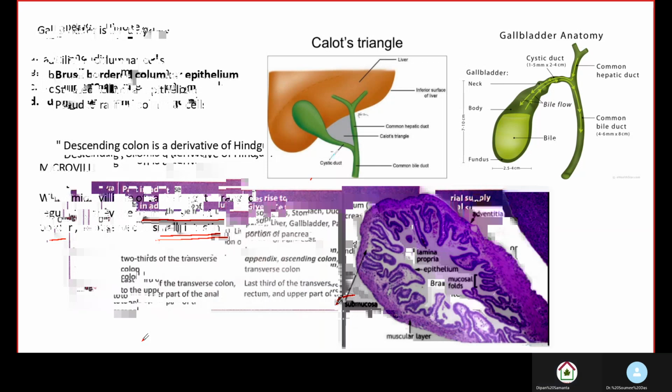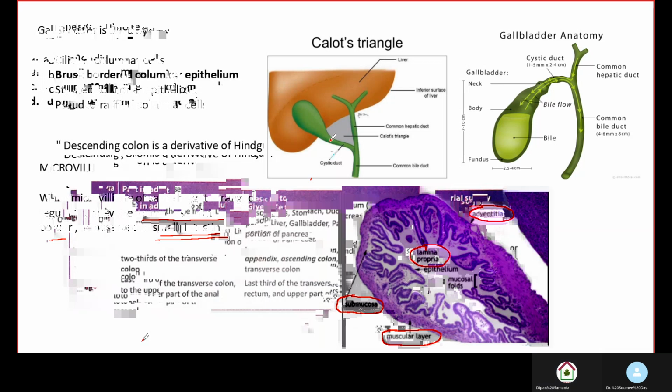Submucosa, adventitia, muscular layer. This is the epithelium. These are mucosal folds, and this is lamina propria. So in fact, you must know the name of these structures.